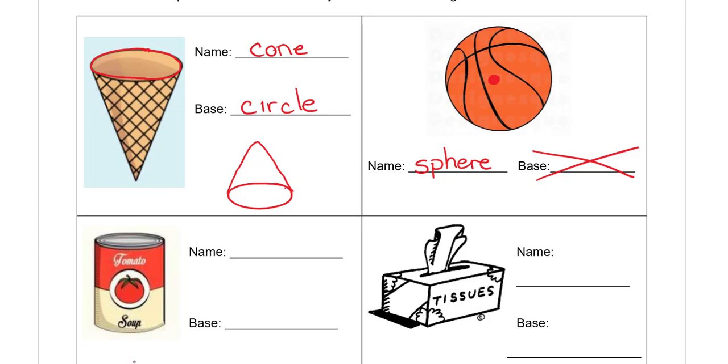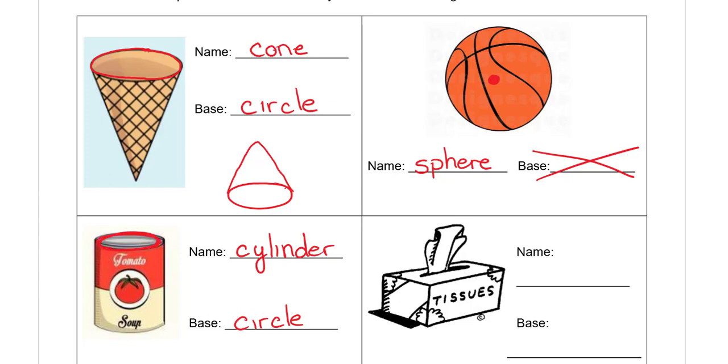Next, we have a can of soup, which I'm sure you've seen many, many times. This is what we call a cylinder. Okay, a cylinder is very similar to a cone, but it's also similar to a prism because it does have two circular bases.